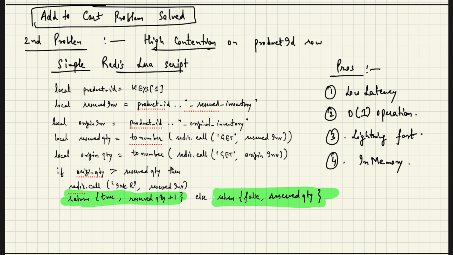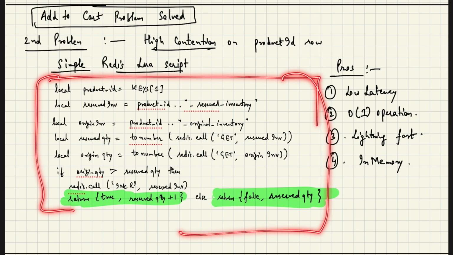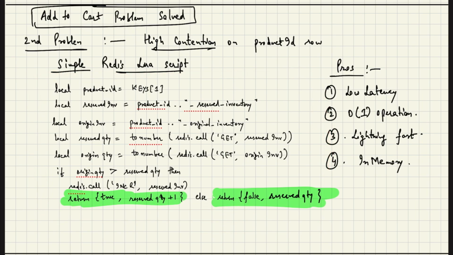Now either you can build your own custom cache, and in the custom cache you can build your own method that could be called by each and every product instance as and when orders are being checked out. Or you can simply write a Redis Lua script.